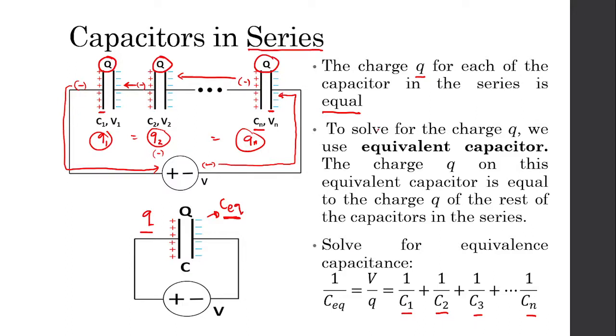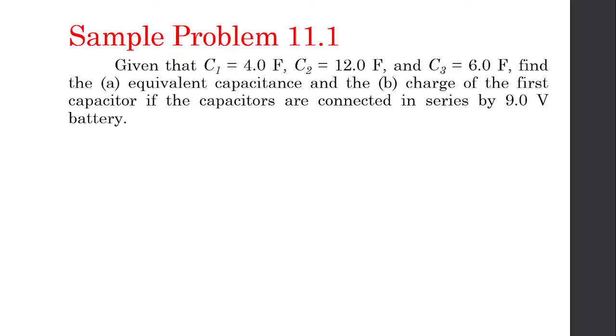So let's take this sample problem right here. Given that C1 has a capacitance of 4 farad, C2 has a capacitance of 12 farad, and C3 has a capacitance of 6 farad, find A, the equivalent capacitance, and B, the charge of the first capacitor if the capacitors are connected in series.